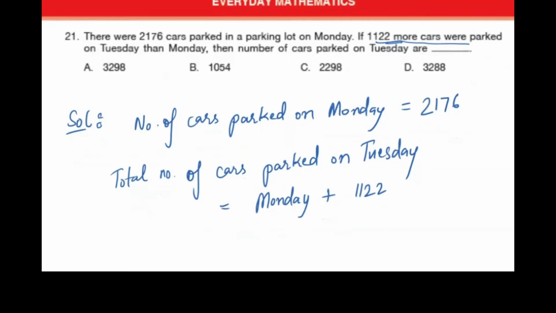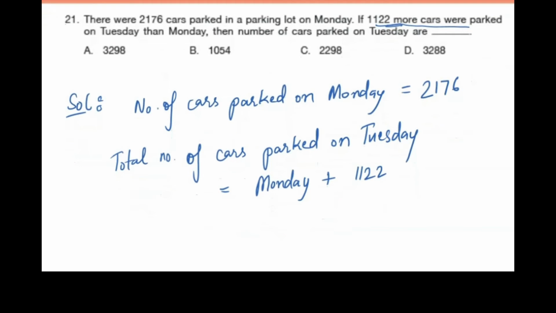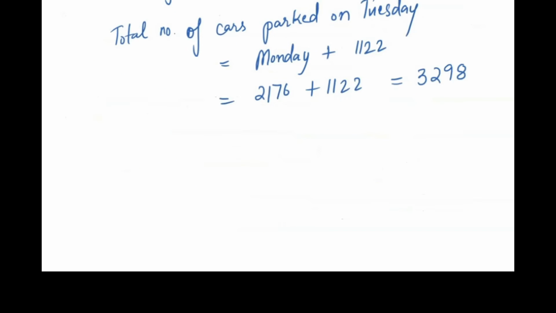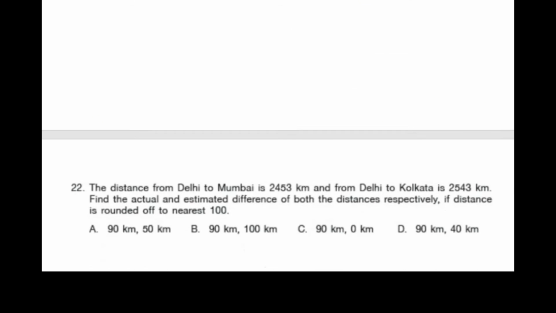That means number of cars parked on Monday plus 1122. So 2176 plus 1122. We just need to add them. 6 plus 2 is 8. 7 plus 2 is 9. 1 plus 1 is 2. 2 plus 1 is 3. 3298. Option A is the correct option. The first question of everyday mathematics done.